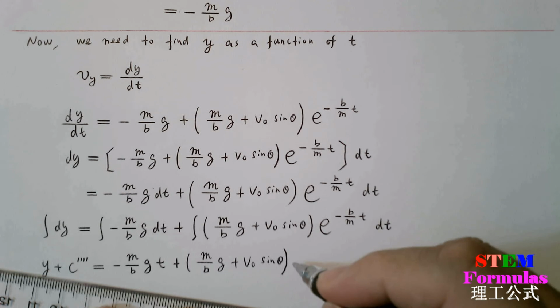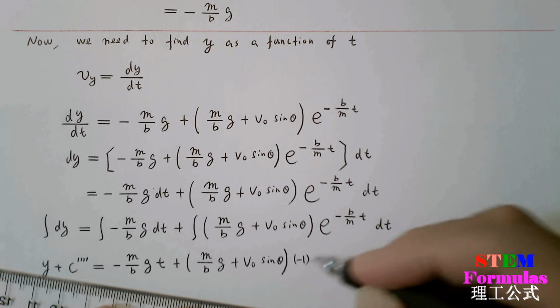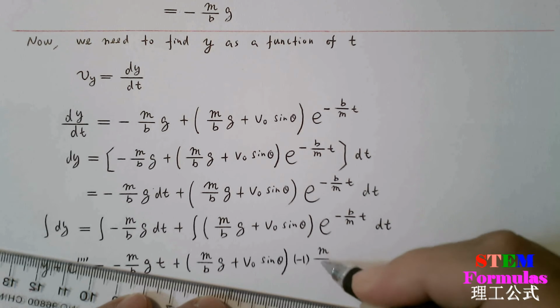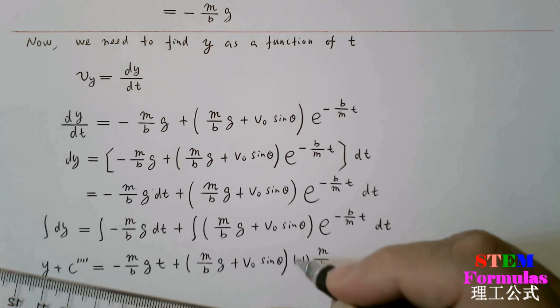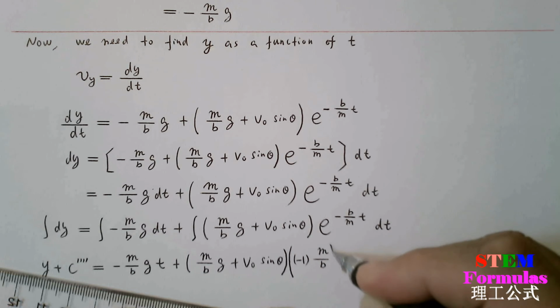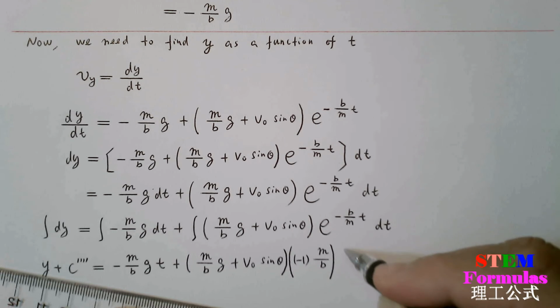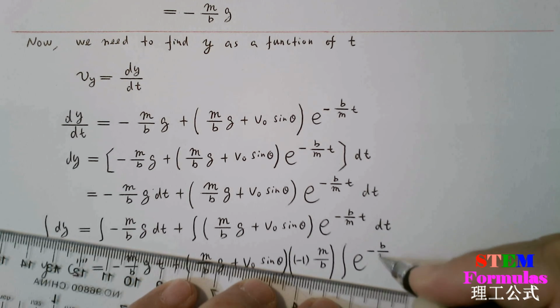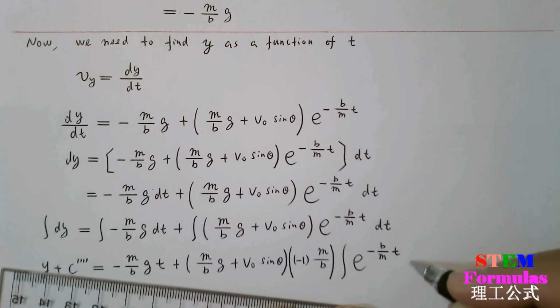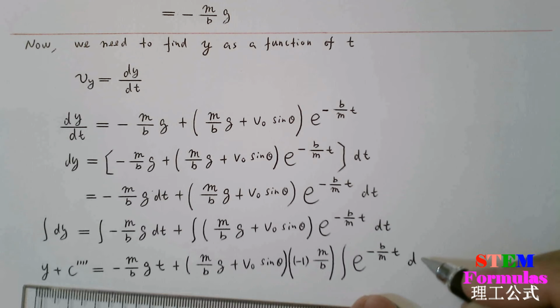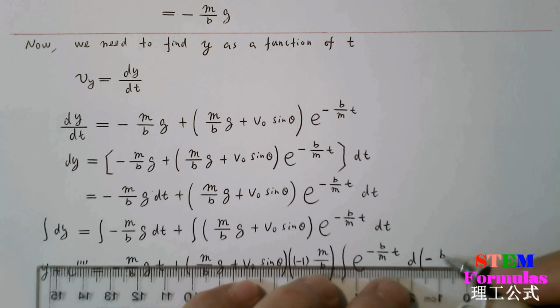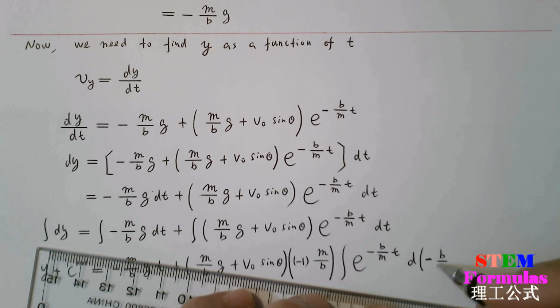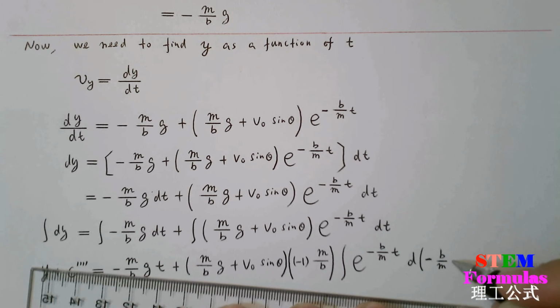To integrate this term, I times minus 1 over m b, I times this factor, then integral here e to the power minus b m t. Now d minus b over m t.